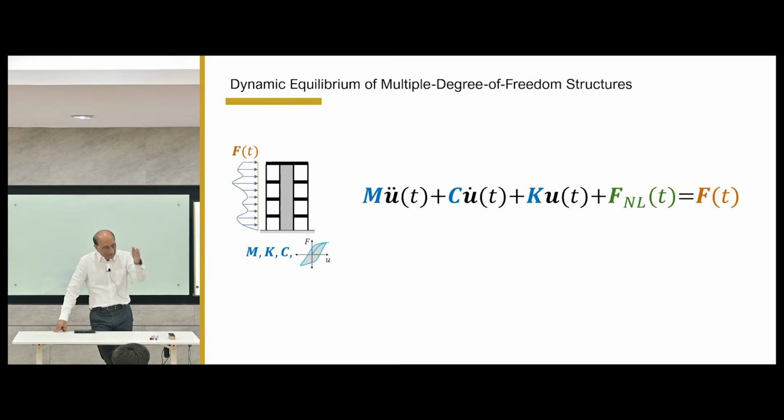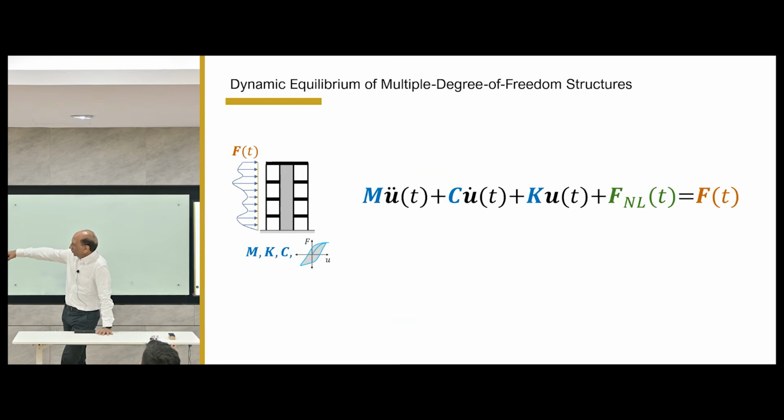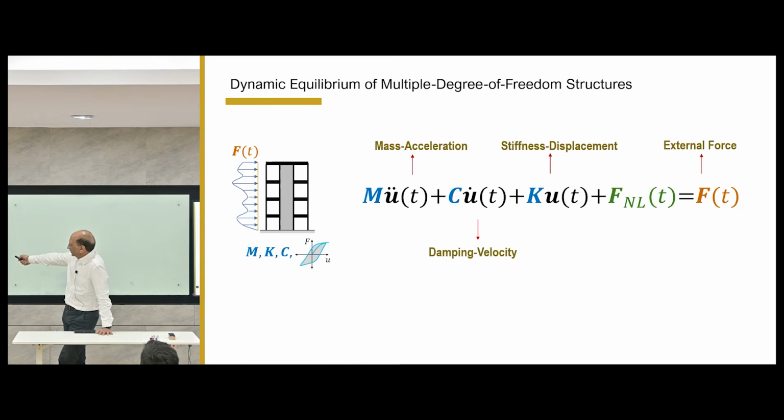They are now vectors having as many numbers as there are degrees of freedom. Then we have the nonlinearity and the time varying force, and you get the external force, mass acceleration equation for a structure.